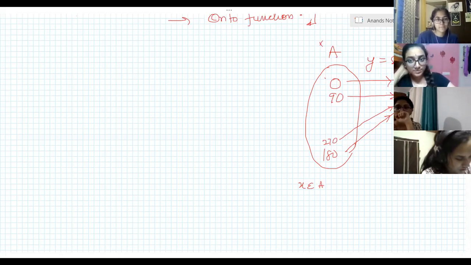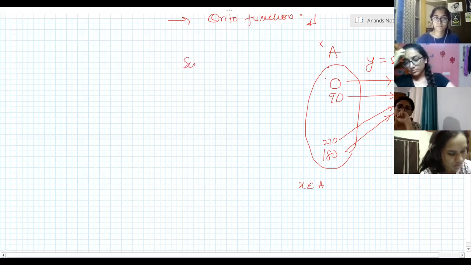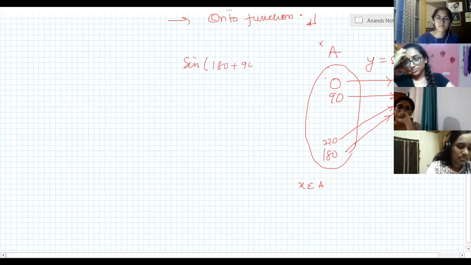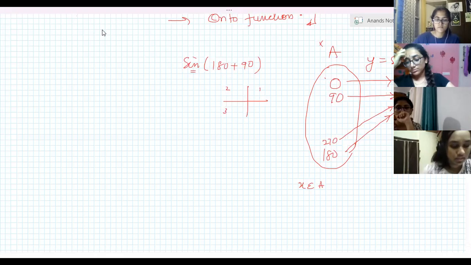Yes, sir, -1, because sine 270 is sine of 180 plus 90, right? And 180 plus 90 means it will be in the third quadrant, first, second, third. And we know in the third quadrant, sine is negative, right?